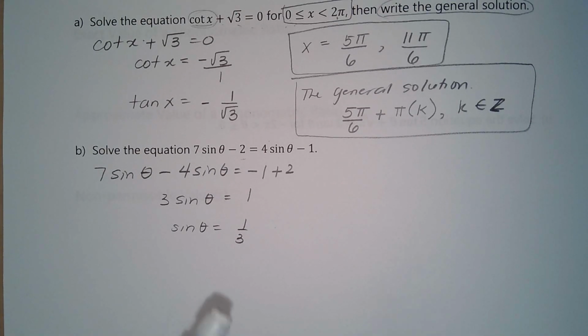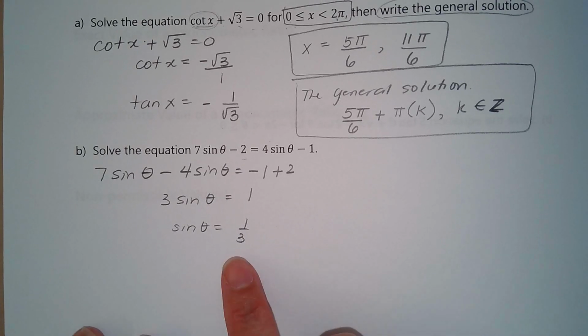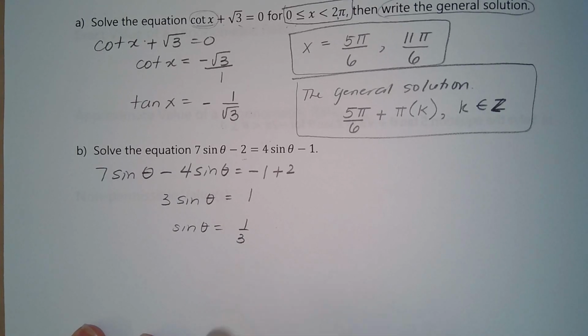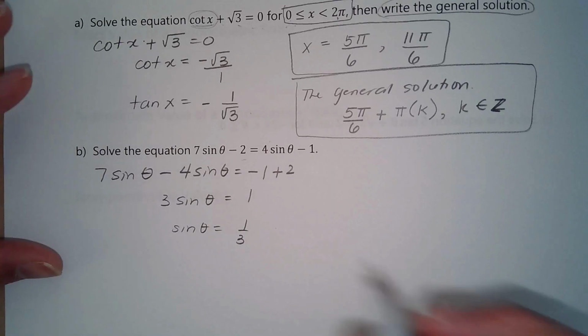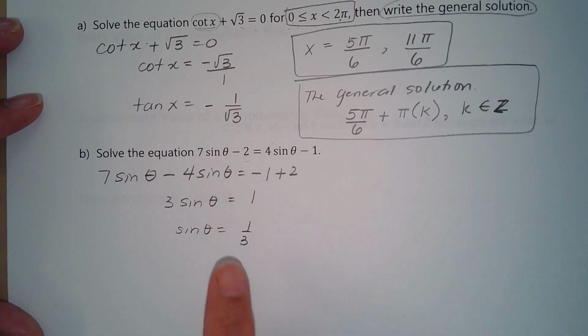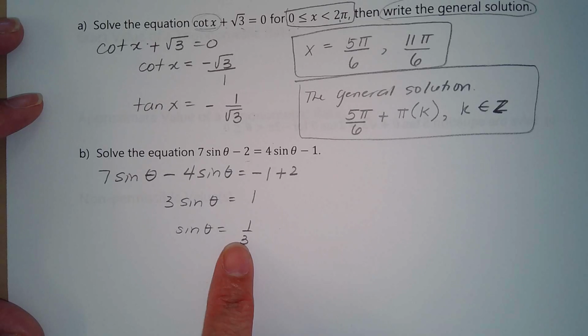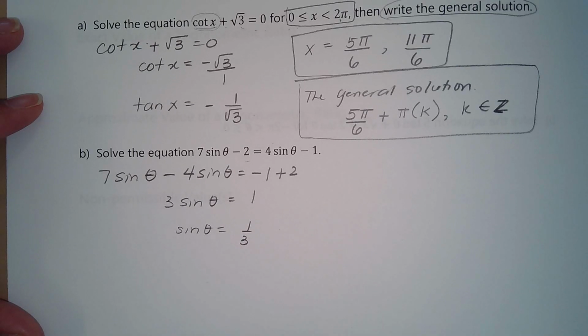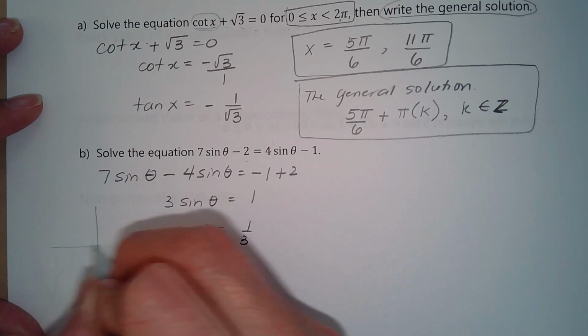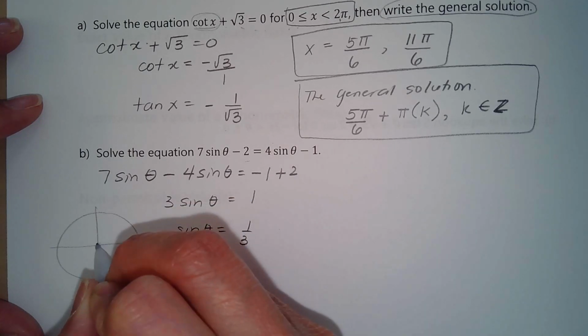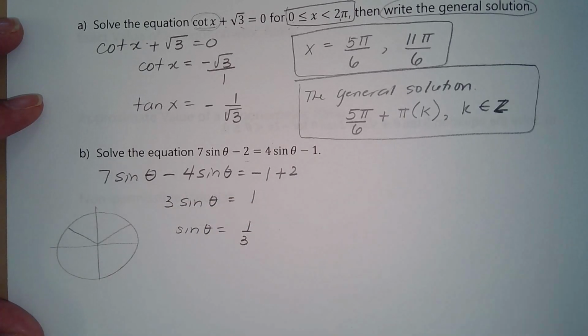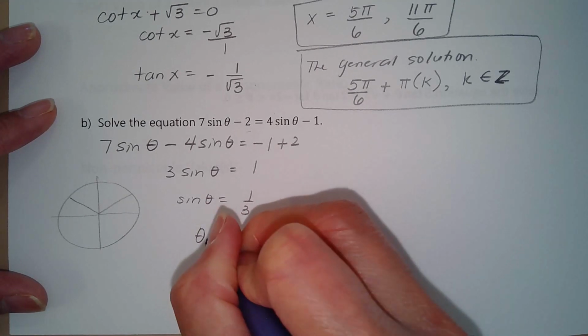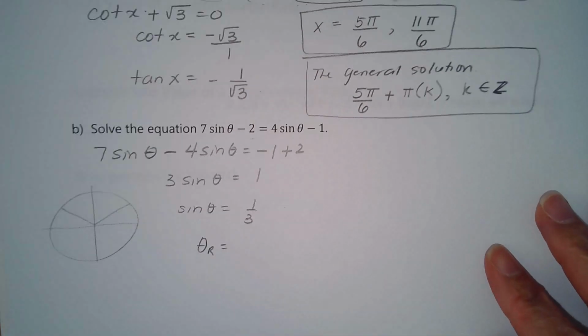Okay. Is sine theta equal to 1/3 a special angle? No, it's not a special angle. So what do we have to do? Well, first of all, where is sine positive? Okay, so it's in quadrants 1 and 2. So let's figure out our reference angle first.